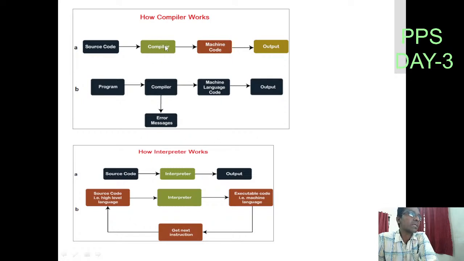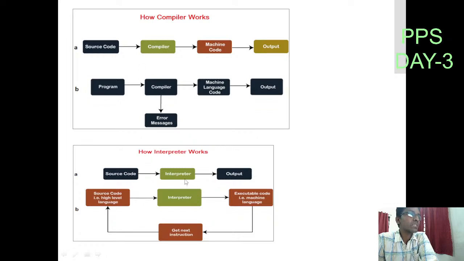Whereas the compiler will compile all the lines of the program at a time. All the lines of the source code are converted into machine code, after that it produces the output of the program, and it also produces the errors of all the lines of the program.